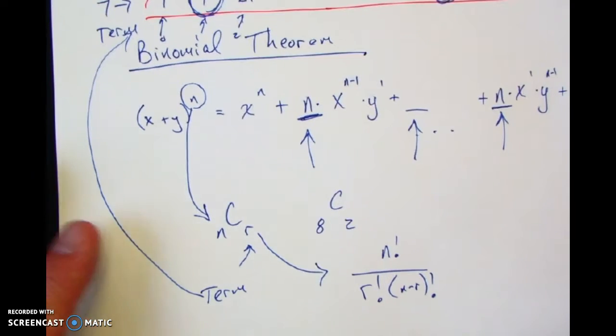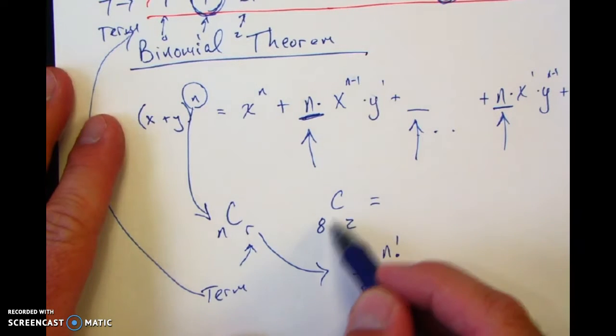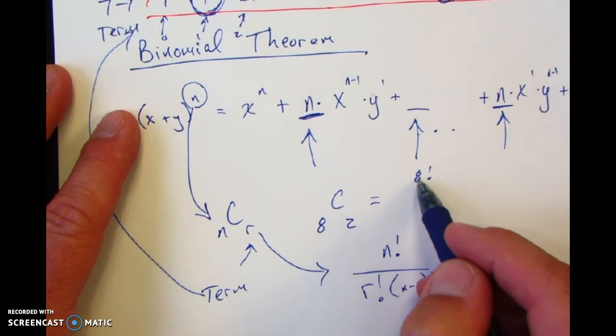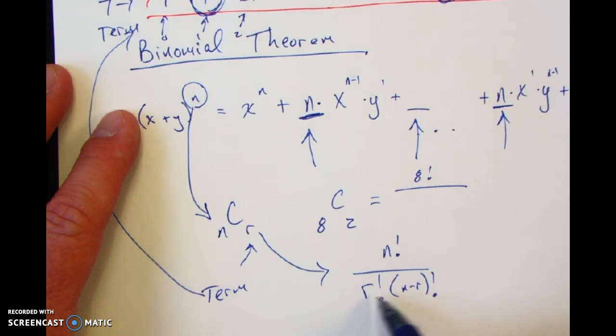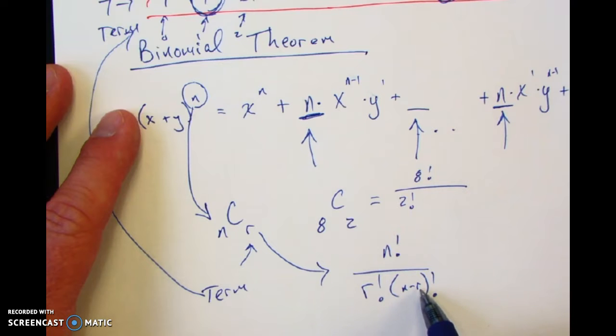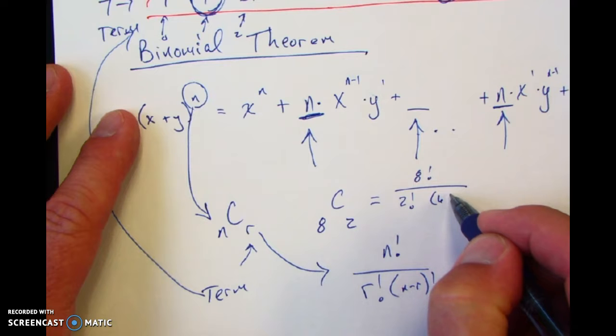Now of course we have our calculators that can work this out for us too, but when we go 8 choose 2, we have our 8 factorial on top. Remember, that's 8 times 7 times 6 all the way down to 1. And then we have our r factorial, here's that, 2 factorial, and then this one is n minus r. So in this case that's 8 minus 2, so that would be a 6 factorial.